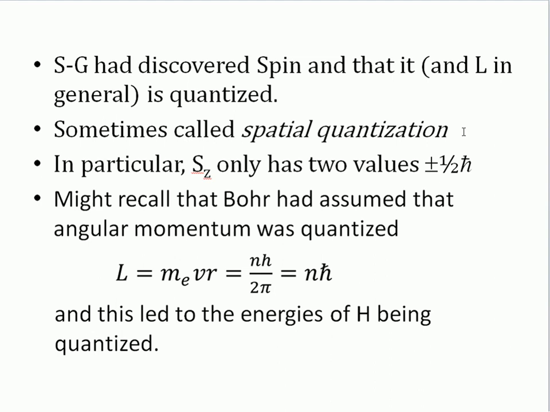But it's this quantization that's important. And in particular, it's telling us that the Z component only has two possible values, plus or minus half of the Planck constant, h bar. If we tilted the Stern-Gerlach apparatus, there'd be another Z, we still only get two values. So no matter how you rotate the Stern-Gerlach apparatus, you only get two spots.